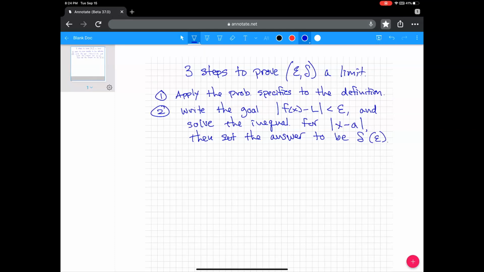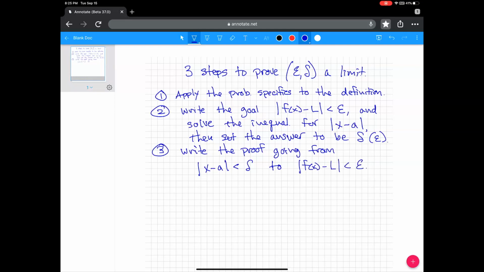And then finally, part 3 is to actually write the proof. And the way you write the proof is by going from the absolute value of x minus a is less than delta, because that's the given, to what we want, the goal, which I wrote above, which is the absolute value of f of x minus L is less than epsilon.